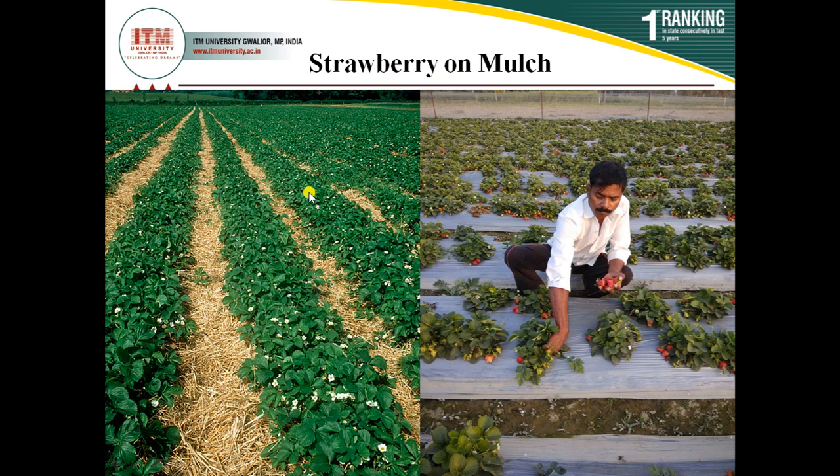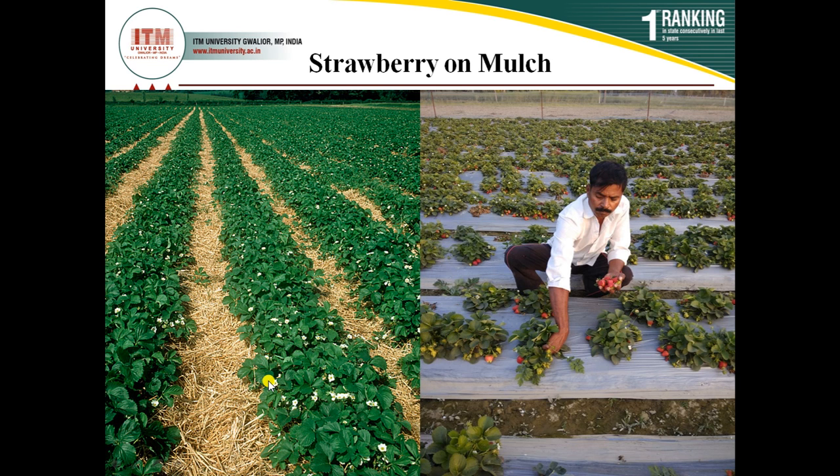And the practice, because it is a runner plant, so when it is in fruiting, the fruit will touch the ground surface and then the fruit can spoil. So to save the fruit from touching the ground surface, this is an old and common practice that the strawberry field is mulched with rice straw.